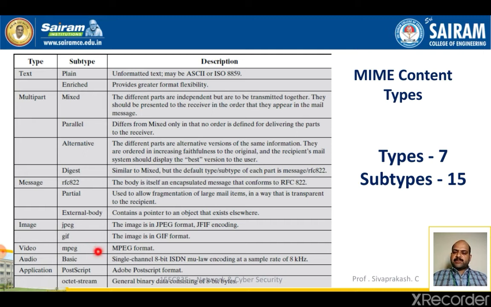The PostScripts are going to be in Adobe PostScript format, and octet stream is generally binary data consisting of 8-bit bytes. These are the 7 types of MIME content and 15 subtypes of MIME content.